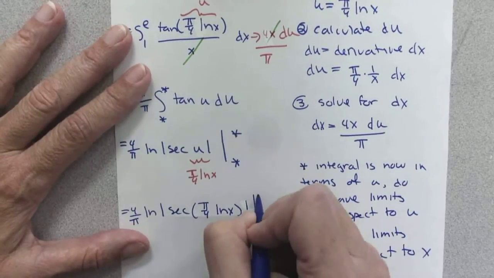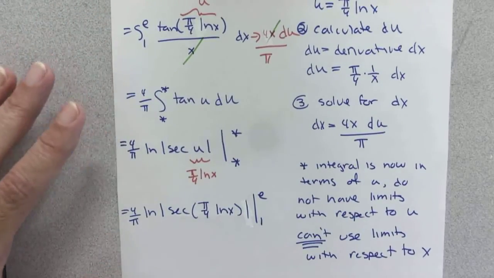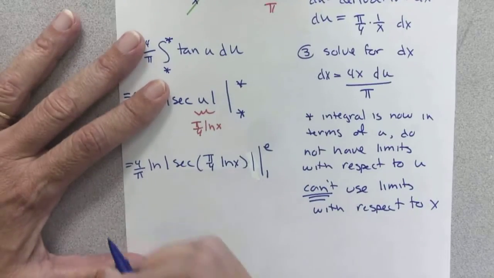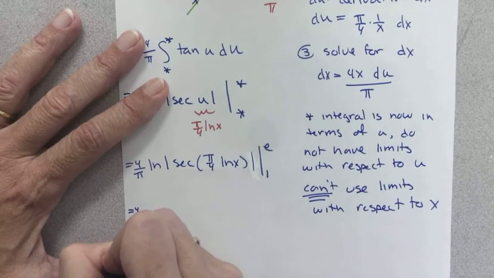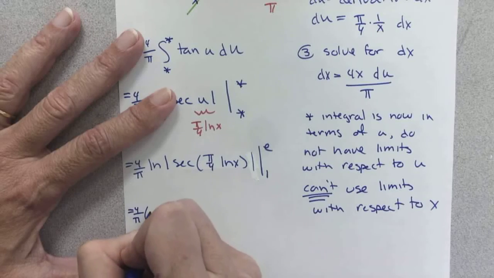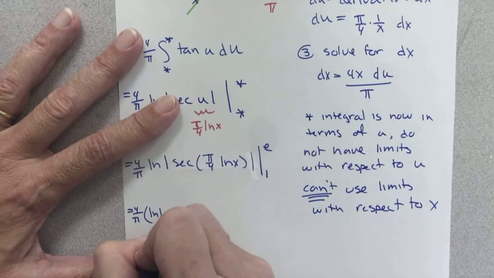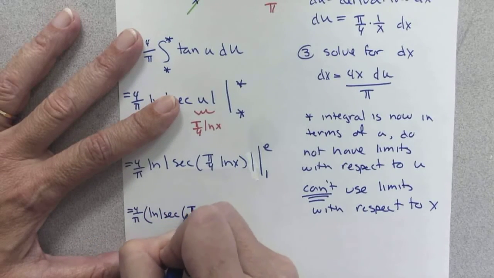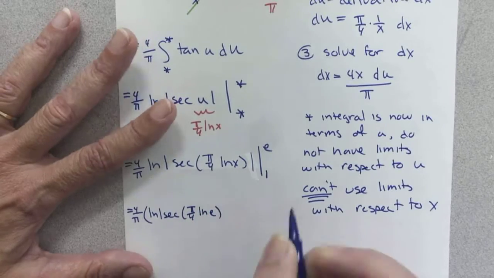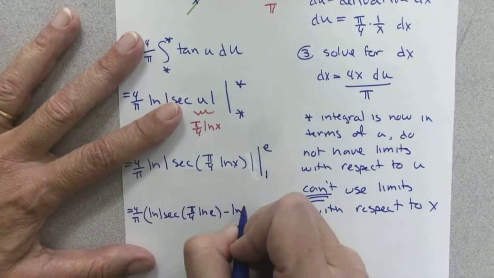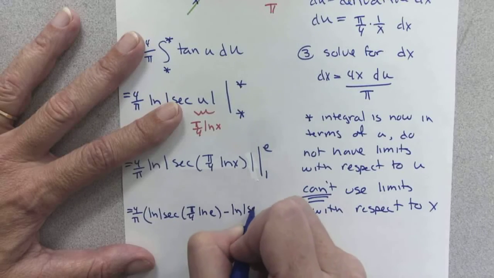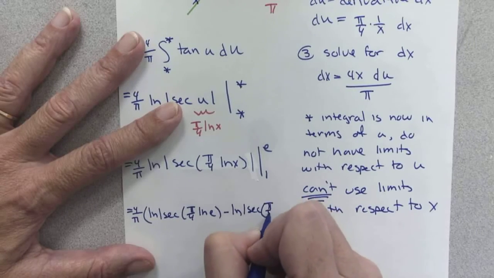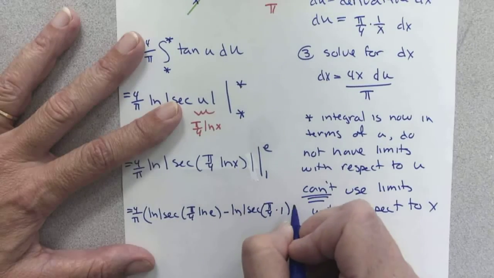Now evaluate it from 1 to e. And now I can do the evaluation. So pi over 4, and we'll see if I can write small enough to get this in here, natural log of the absolute value of secant of pi over 4, natural log of e, minus the natural log of the absolute value of secant of pi over 4 times 1.